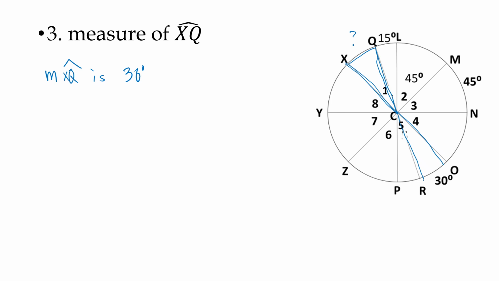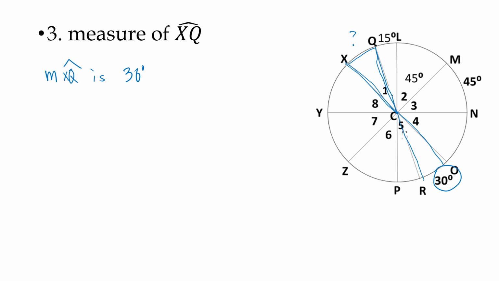So since arc OR is 30 degrees, therefore the measure of arc XQ is also 30 degrees, given that they are vertical angles.